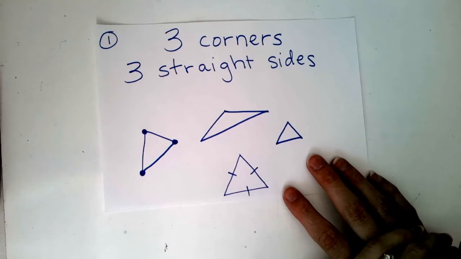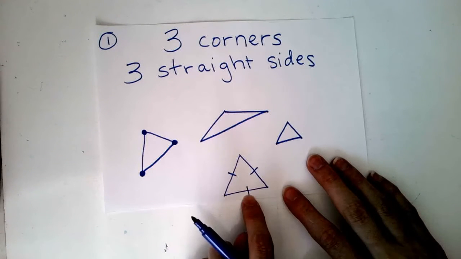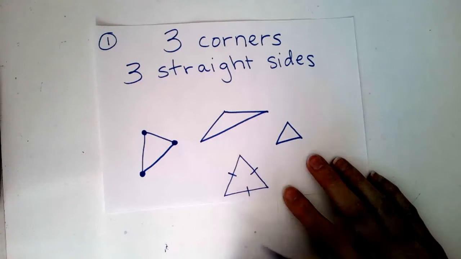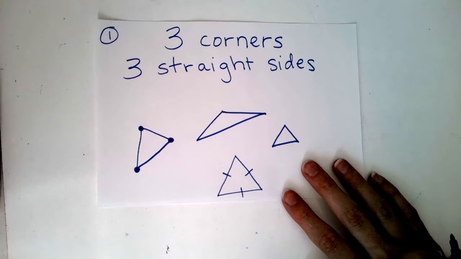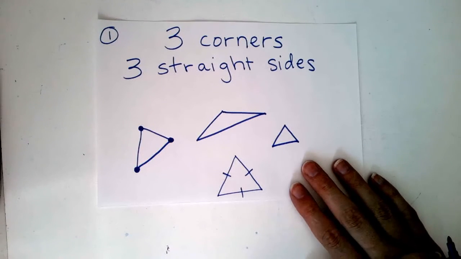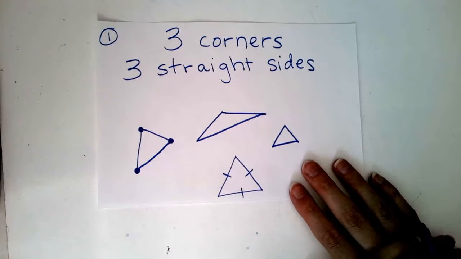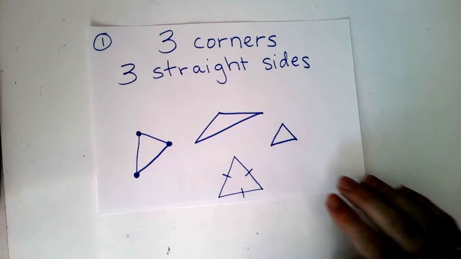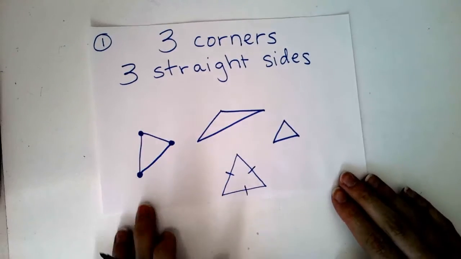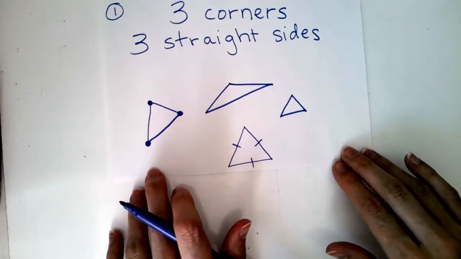Alright? And if I count 3 sides, I know that there are 3 corners. Okay, remember that. If a shape has straight sides, they're going to have the same amount of sides and corners. So it's up to you how you like to count those sides or corners. Okay? These are 3-sided shapes.